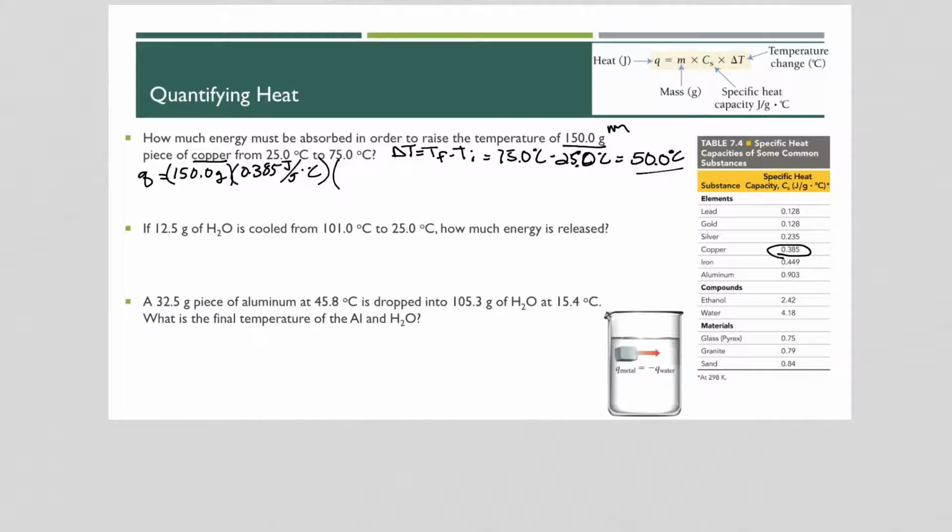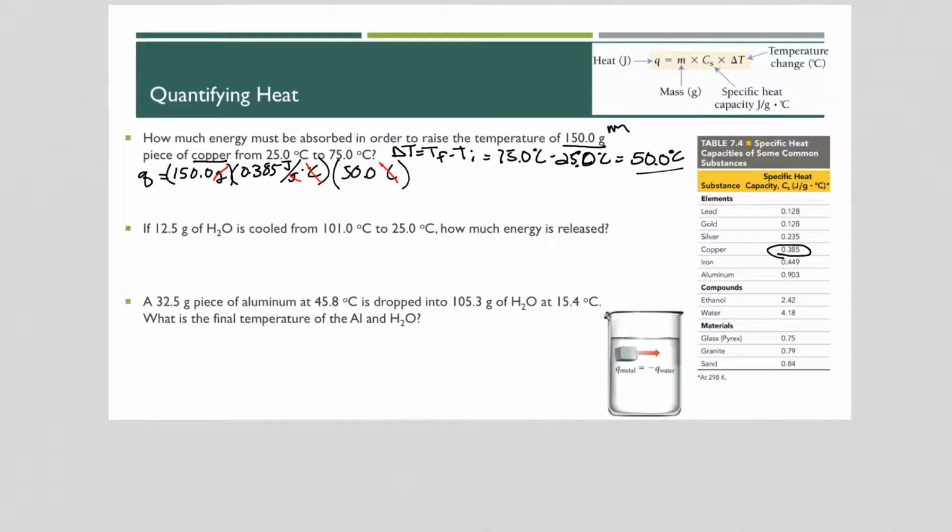And my delta T here is 50.0 degrees Celsius. If we think about units here, you'll see that grams cancel here and here. Degrees Celsius cancel here and here. So our energy term, our heat, is going to be in units of joules, as it should be, one of our units of heat.